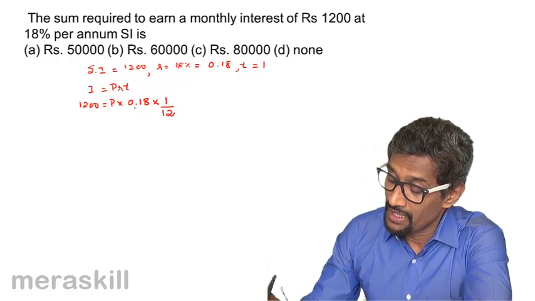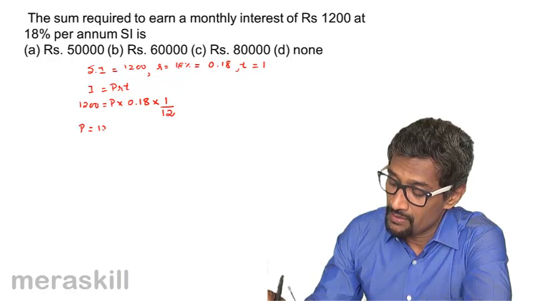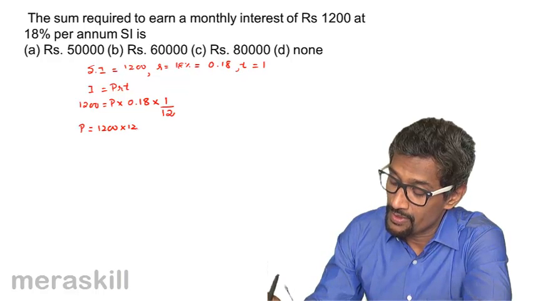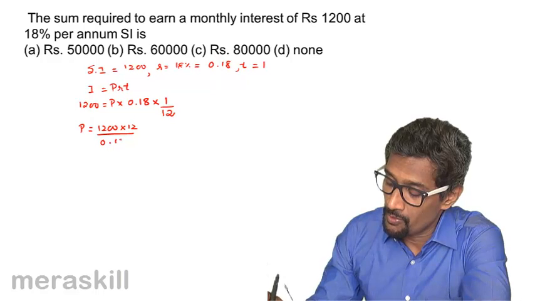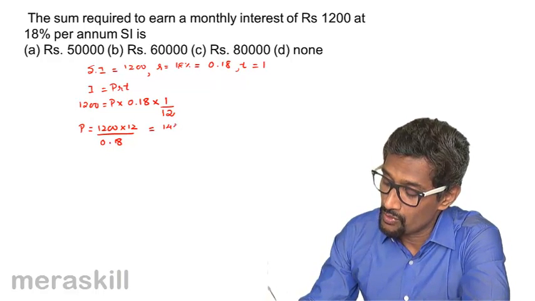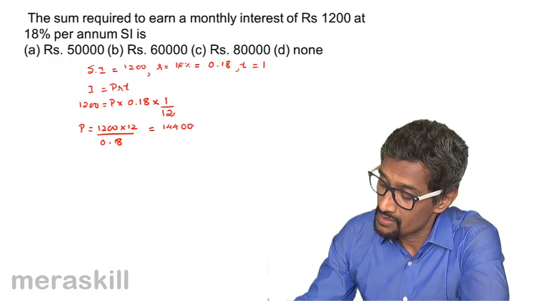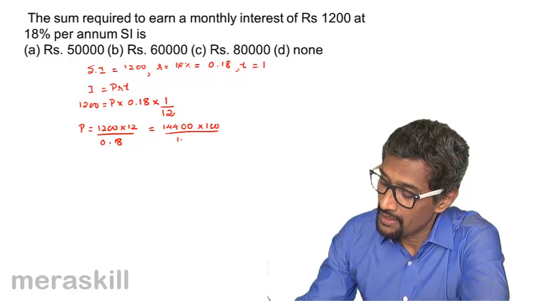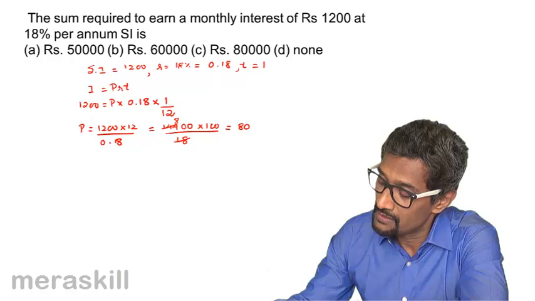So hence P turns out to be 1200 into 12 upon 0.18, which turns out to be 4 into 100 by 18, so it turns out to be 80,000.